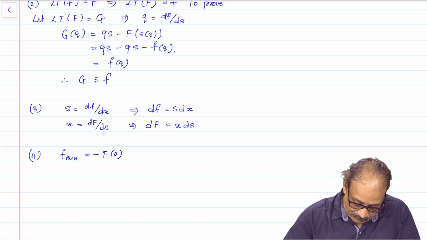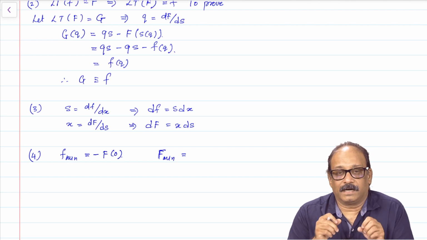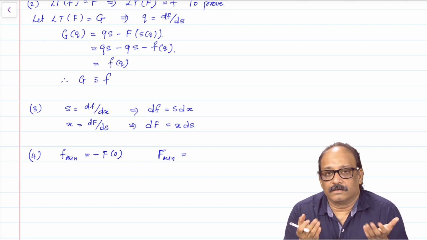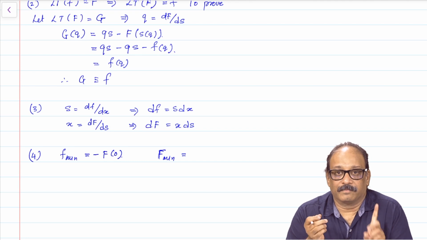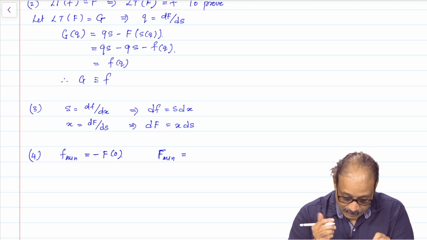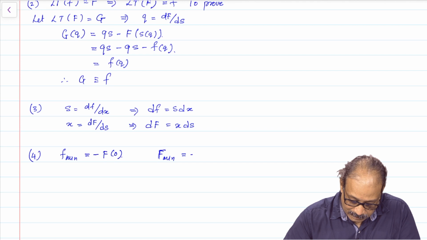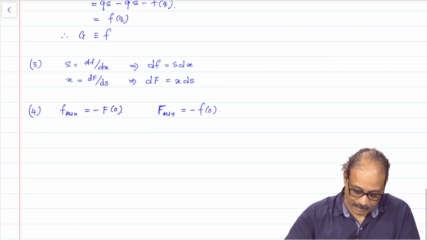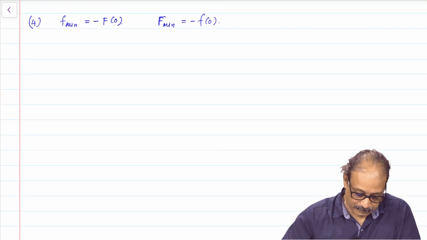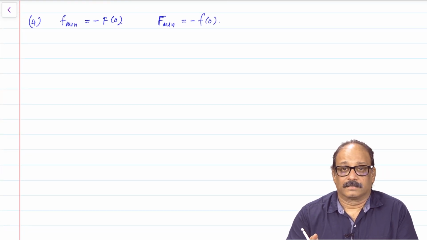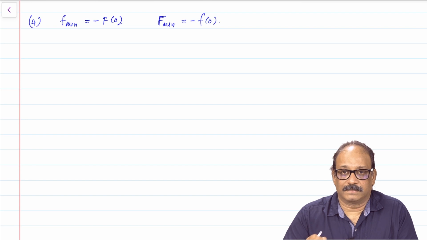And similarly, because capital F is also a convex function, it also may have a minimum. Remember, it is only one minimum, but it may have, and that is in fact equal to minus f of 0. Okay. So, these are very simple properties.